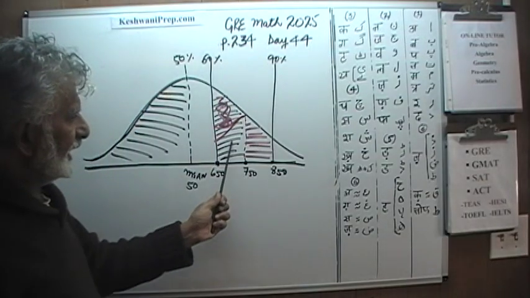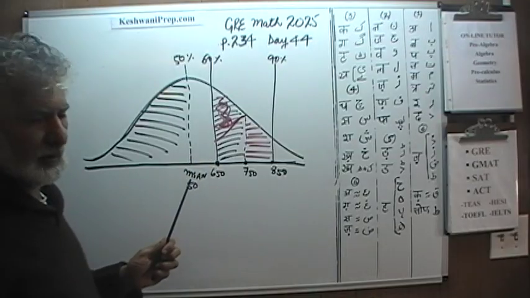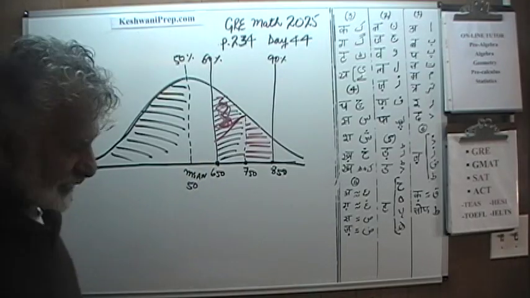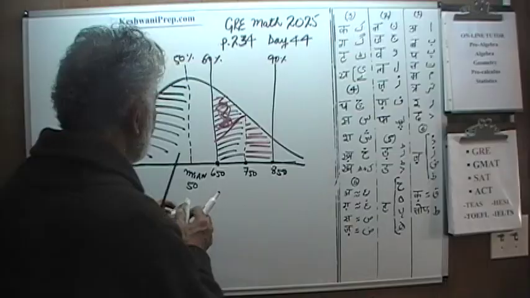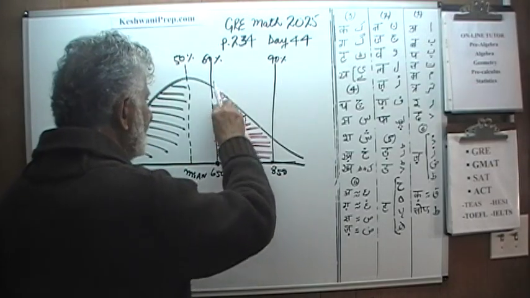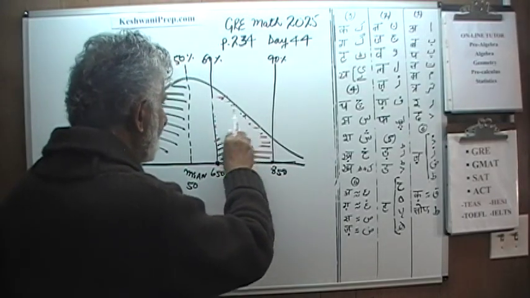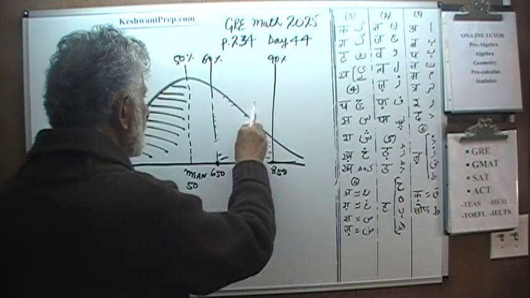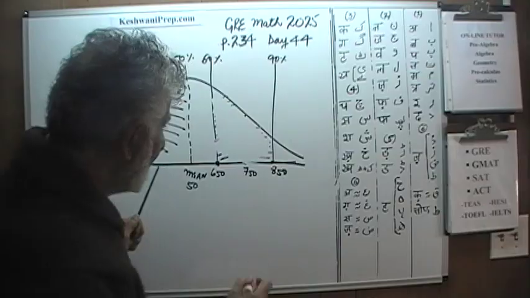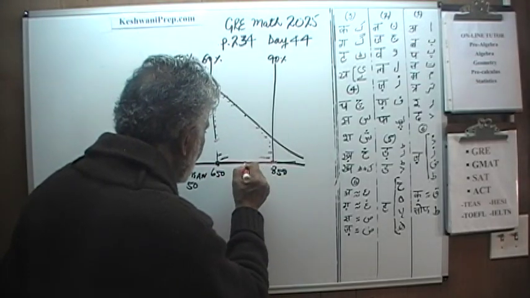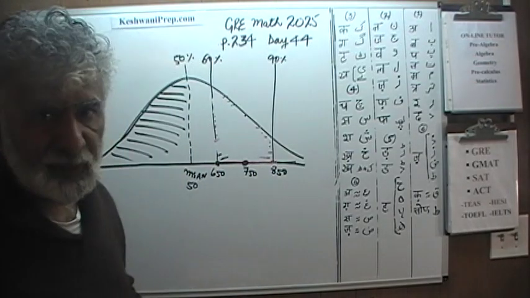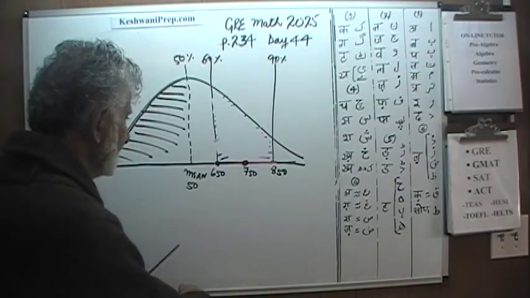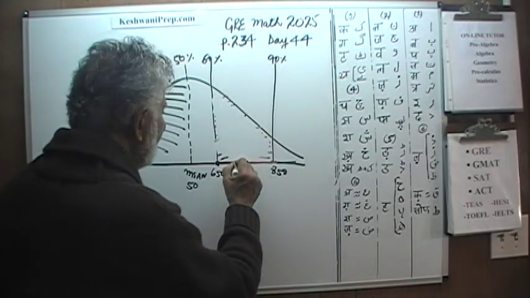You see half here, what about all of this area? In other words, by the time we get to the value of 750, we have not reached the 75th percentile. The 75th percentile happened somewhere to the left of it.